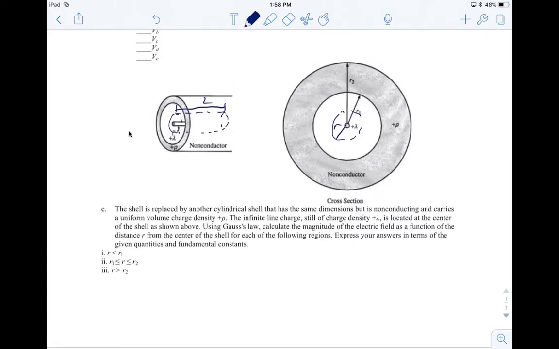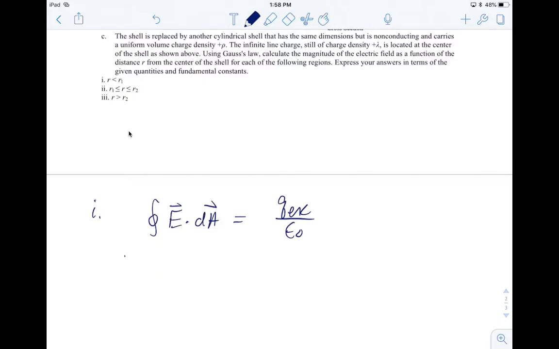The sides don't matter. So this is technically three integrals: one side, E dot dA, plus another side, E dot dA, plus the wall of the cylinder, E dot dA.